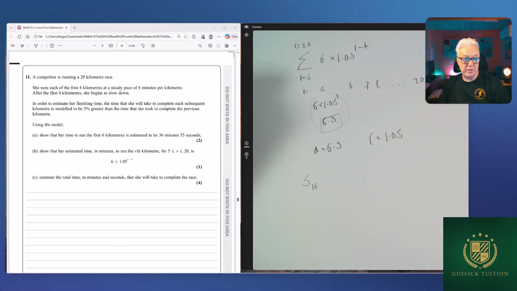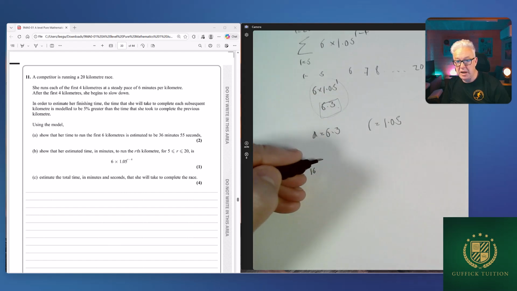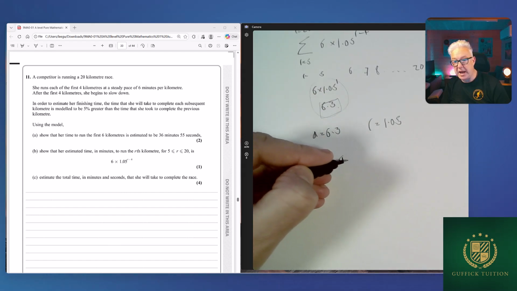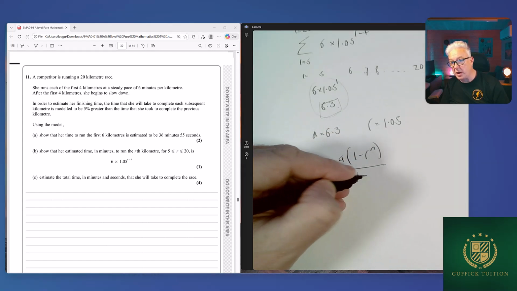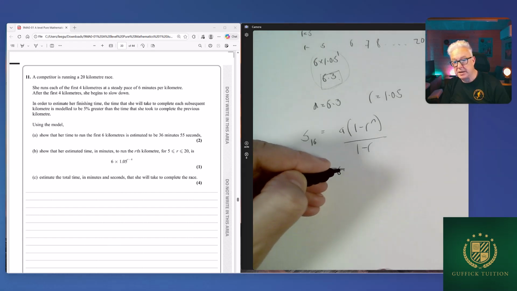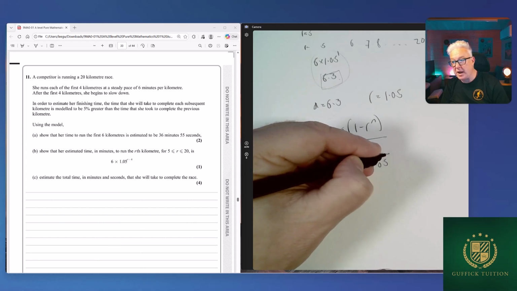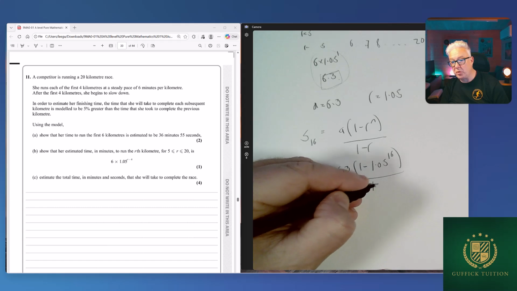It's a 20-kilometre race. She ran the first 4K at a constant 6 minutes per kilometre, so the remaining 16K is the geometric sequence. We use the formula from the formula booklet, which is A times 1 minus r to the n over 1 minus r. So A is 6.3, r is 1.05, and n is 16, over 1 minus 1.05.